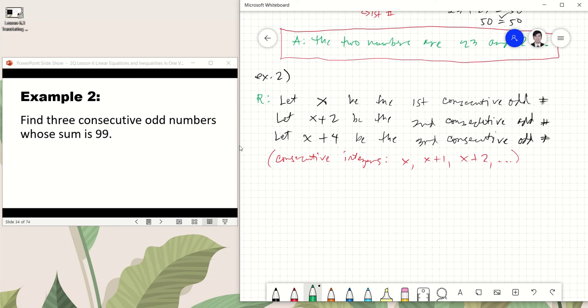Sunod naman, equation na tayo. So, itra-translate na natin na yung sum ng tatlong numero dapat 99. So, first plus second plus third should be 99. First plus second plus third is equal to 99.